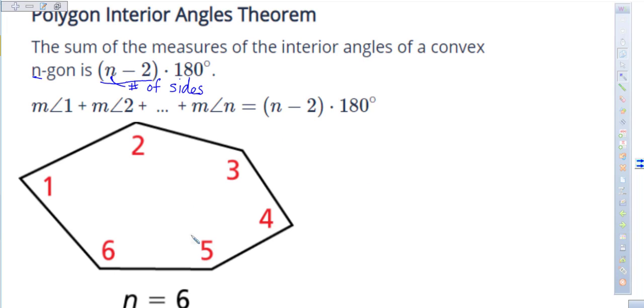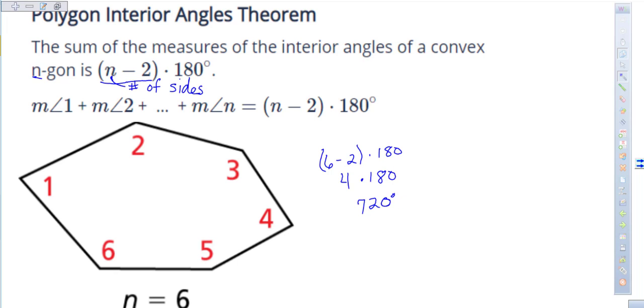So like we did before, when there are 6 sides, when n is 6, I'm going to go, well, 6 minus 2 times 180. And this gives us 4 times 180, which gives us 720 degrees.